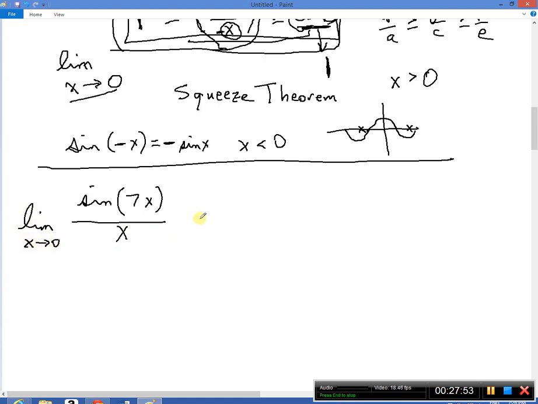Well, here you've got to learn this trick. How can you make this look like sine x over x? Just keep sine x over x in your head. What is the limit of sine x over x as x gets small? What if you just stuck in a 7x down here in the denominator?